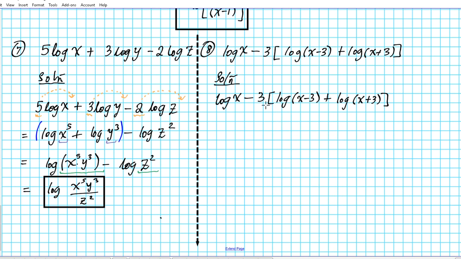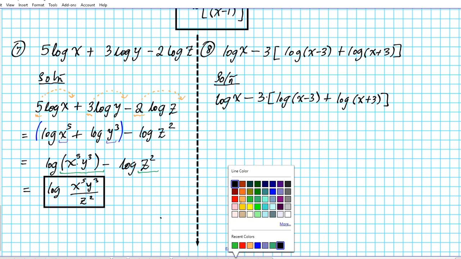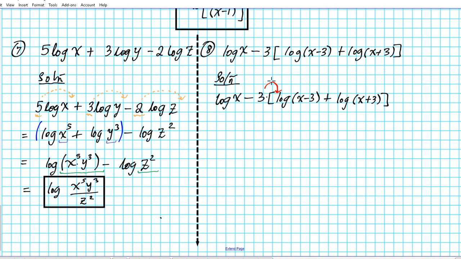What we have here is a 3 in front of this sum right here. Okay, so 3 has been multiplied by these logarithms. So what we're going to do first is distribute this 3 to the individual logarithms. So just distribute the 3 here and then distribute the 3 there.